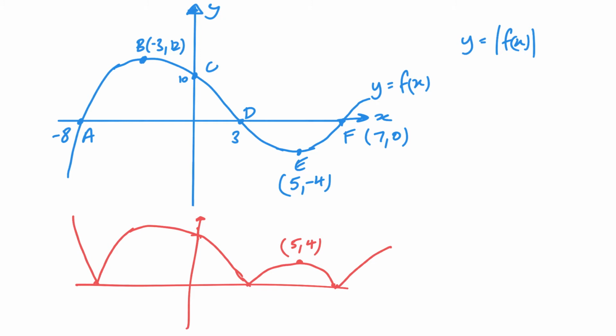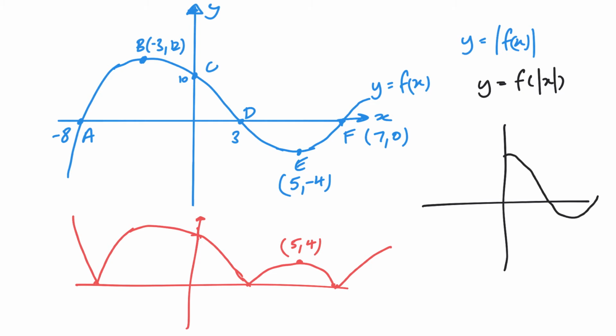And again, if I was going to do y equals f of, let's do it better, and just the x was modulus, then I've got to think, right, everything on the right side, which is like this, is going to appear on my left side.